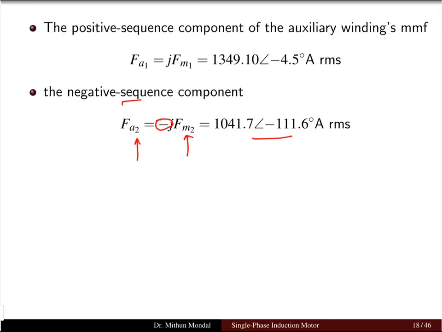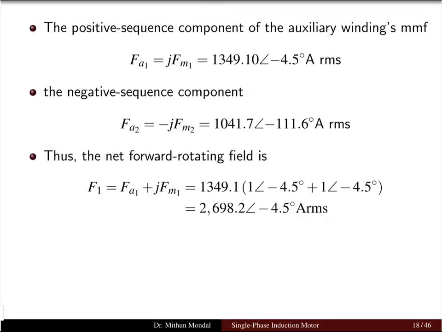Now these two will be added as a complex number, where you have the positive sequence component and the negative sequence component. The negative sequence component is imaginary and the positive sequence component is the real value, but they are complex together. So we get the net forward rotating field, which is given in this form.